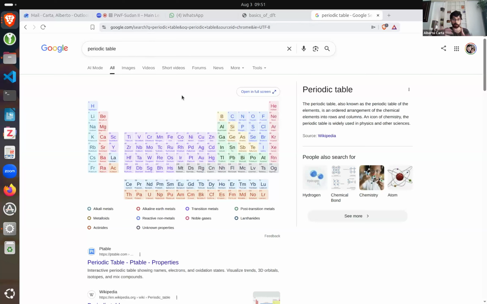Systems that generally do not obey this, as we will see later, are systems in this part of the periodic table. These systems do not behave like nice electron gases because here electrons are much more localized inside the nucleus. There is a clear distinction between electrons that are localized and electrons that are delocalized. These are called transition metals.